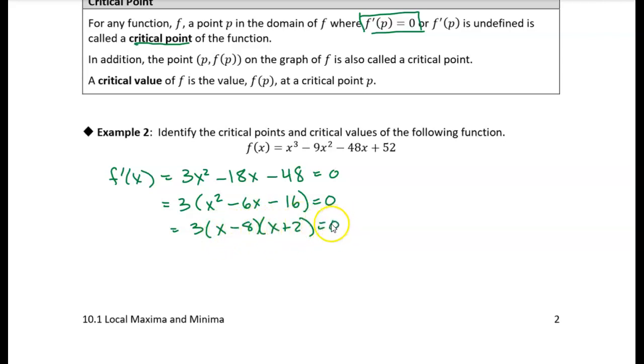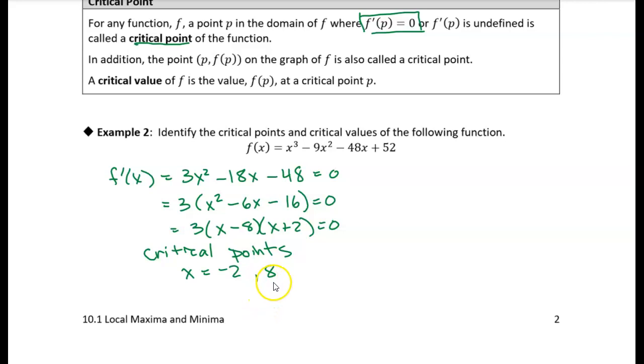All right, now I can solve this. And you can see that the critical points then are going to occur when x is equal to negative 2 or 8. Right, those are the points that cause the first derivative to be 0. Now I want to go back to the definition. There's a few more little nuances here that I want to point out.